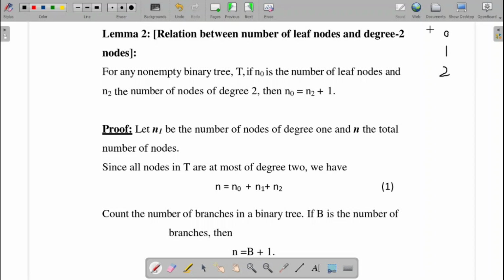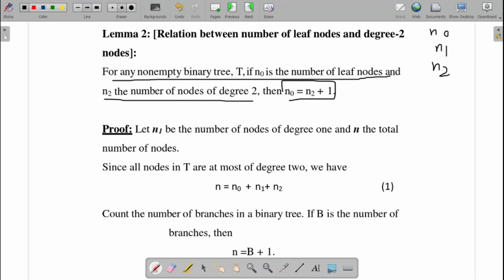Let me write the degree 0 count as n0, degree 1 as n1, and degree 2 as n2. Now we have to prove that for a non-empty binary tree, if n0 is the number of leaf nodes and n2 is the number of nodes of degree 2, then n0 will be equal to n2 plus 1.